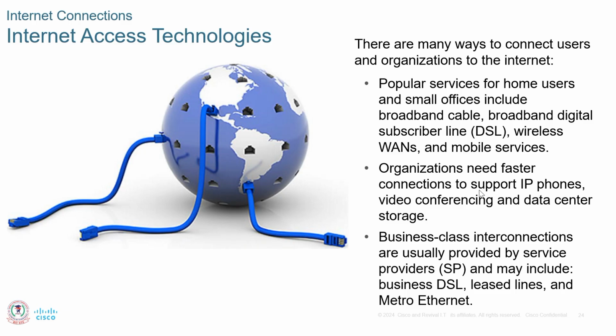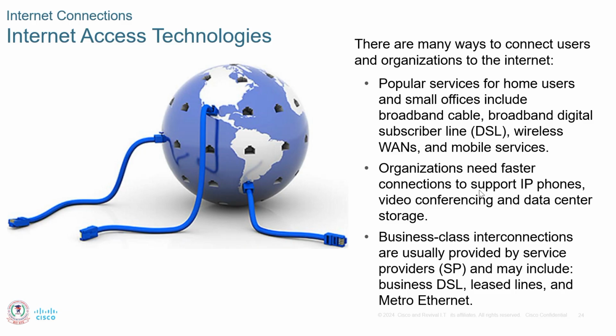Number two, organizations need fast connections to support IP phones, video conferences, and data center storage. Number three, business class interconnections are usually provided by service providers and may include business DSL, dedicated leased line, and metro internet.